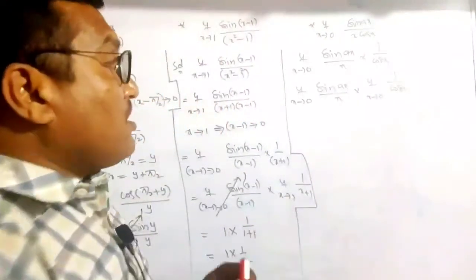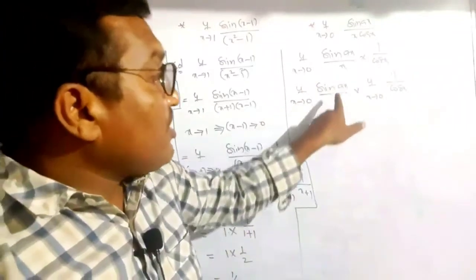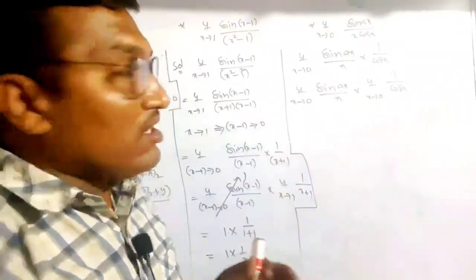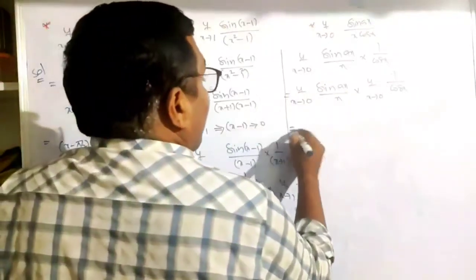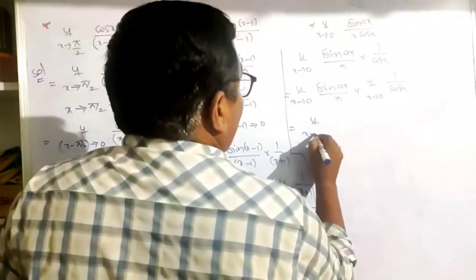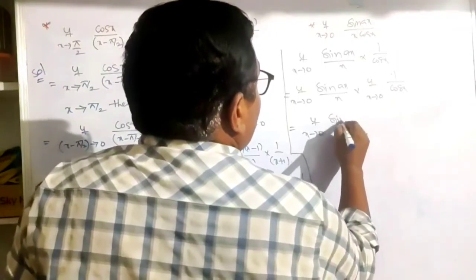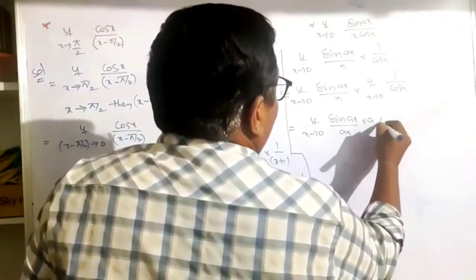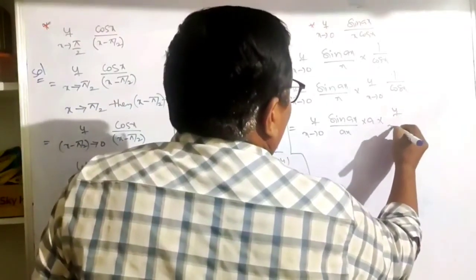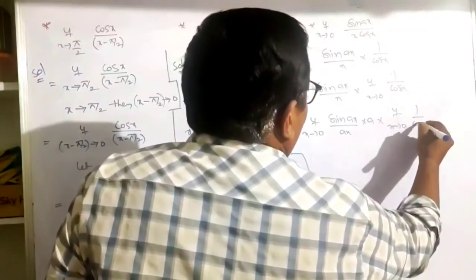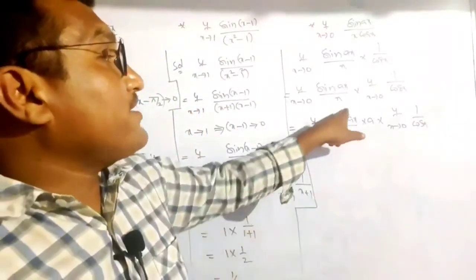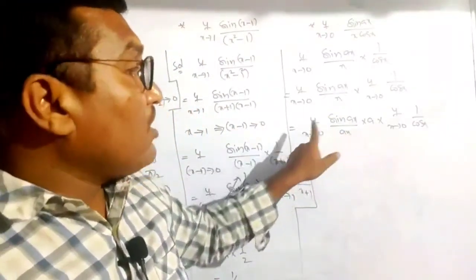See here, we need sin ax by ax, so that's why we multiply and divide with a. Therefore limit as x tends to 0 of sin ax by ax into a into limit as x tends to 0 of 1 by cos x. So here we have sin ax by ax, therefore we have ax here.